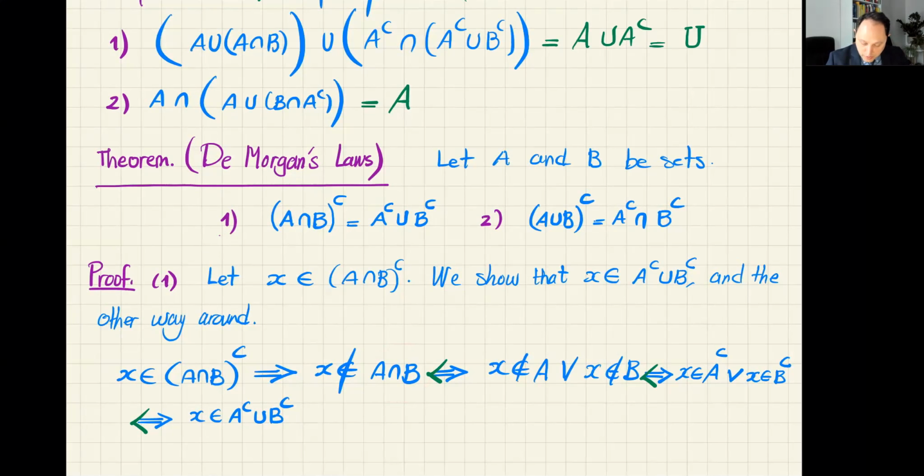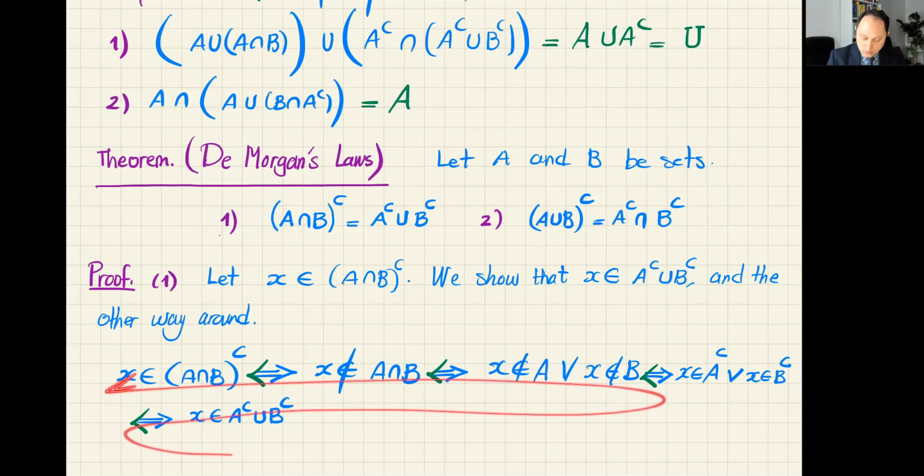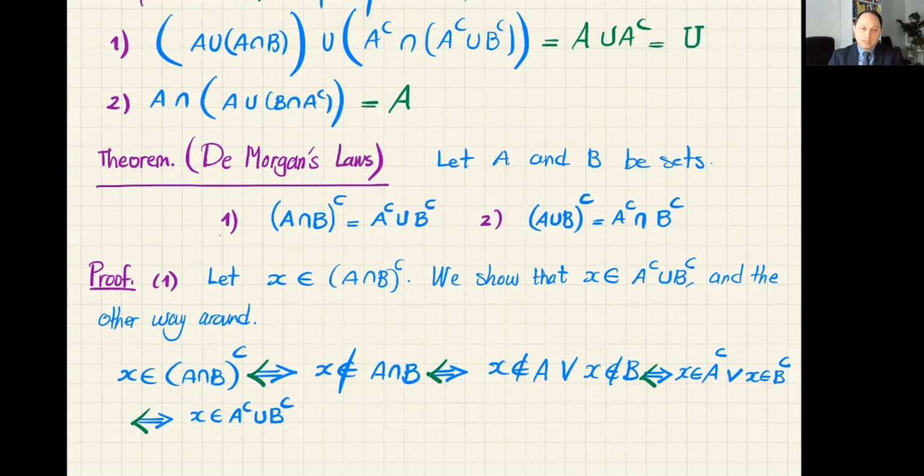I am on the safe side if I conclude that X belongs to its complement. So it means that all these arrows are reversible. So if I choose an element here going in this direction, I can show that that element also belongs to the left-hand side, and it means that this is equal.